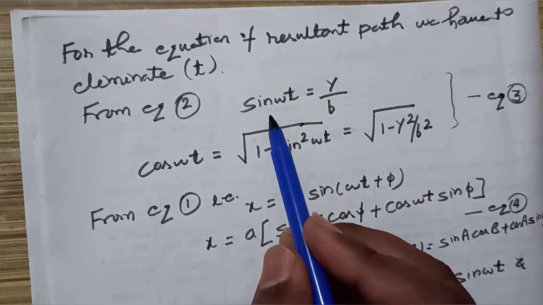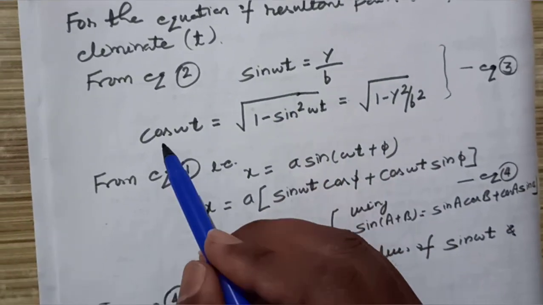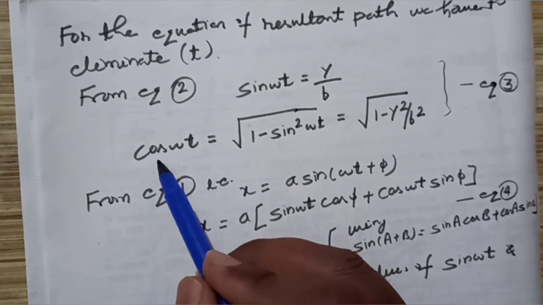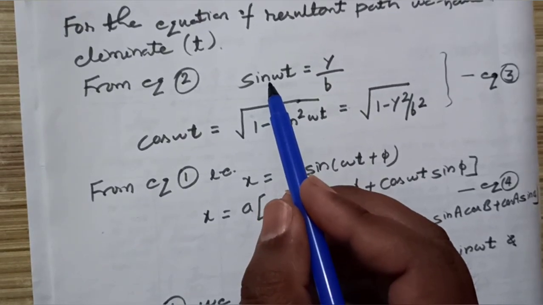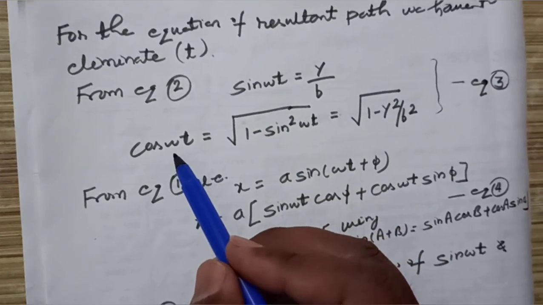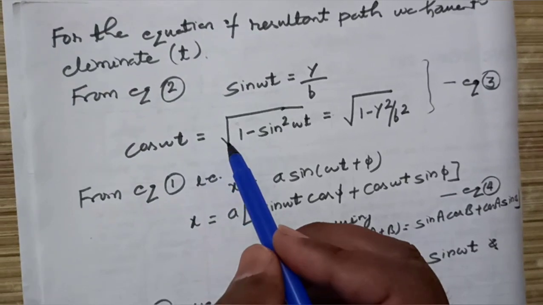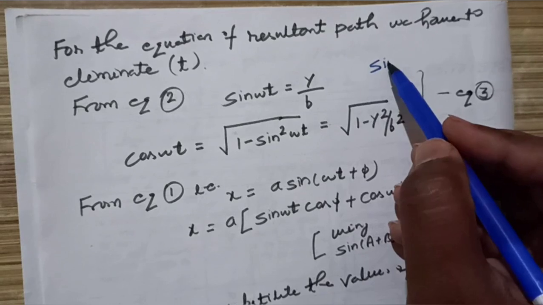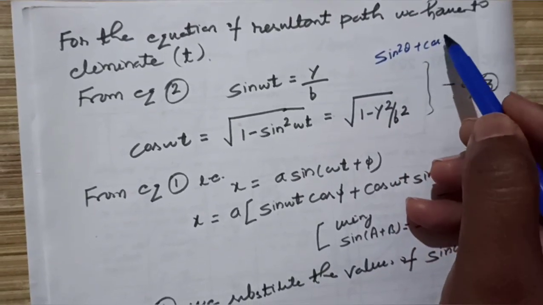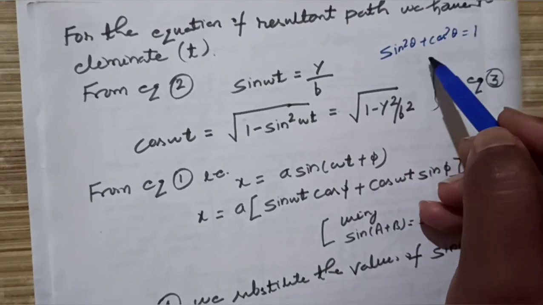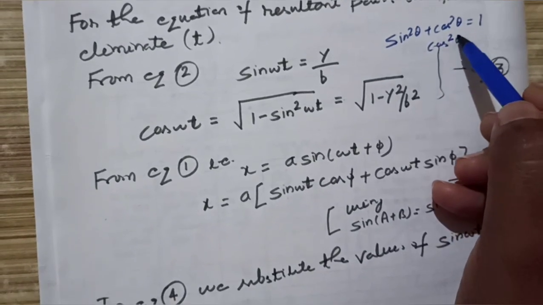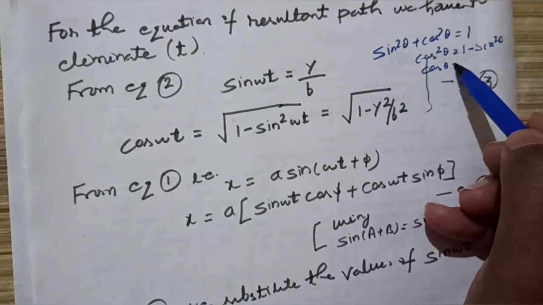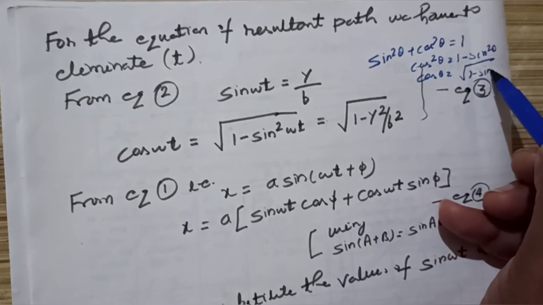Using the property of sine and cosine, sin square theta plus cos square theta equals 1, so cos square theta is 1 minus sin square theta, and cos theta is the root of 1 minus sin square theta.